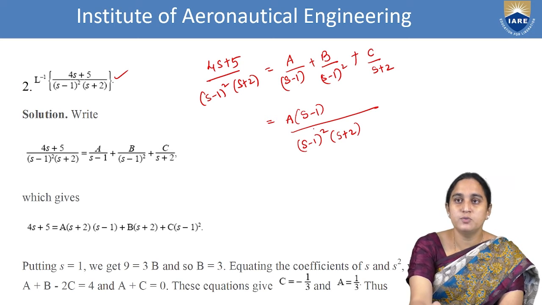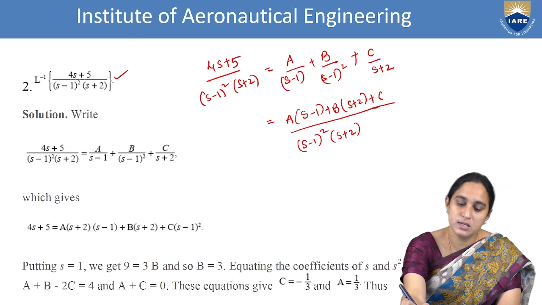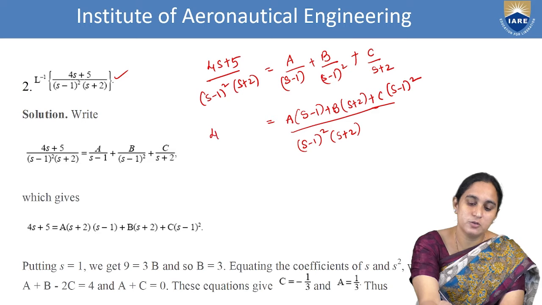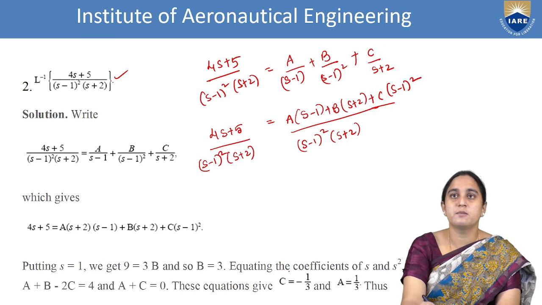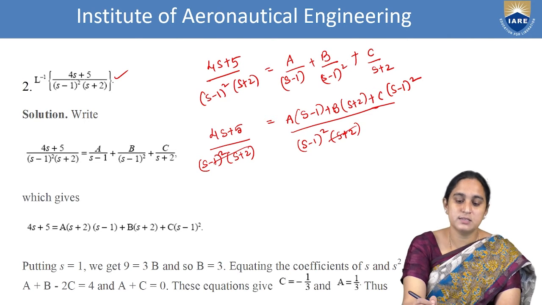For that, a into s minus 1 plus b into s plus 2 plus c into what? Here s minus 1 whole square, that is equal to 4s plus 5 by s minus 1 whole square into s plus 2. Both sides denominator cancelled.